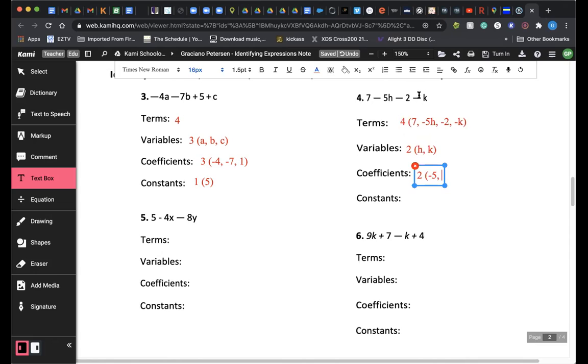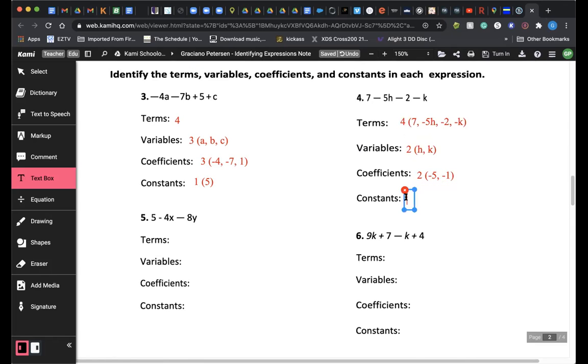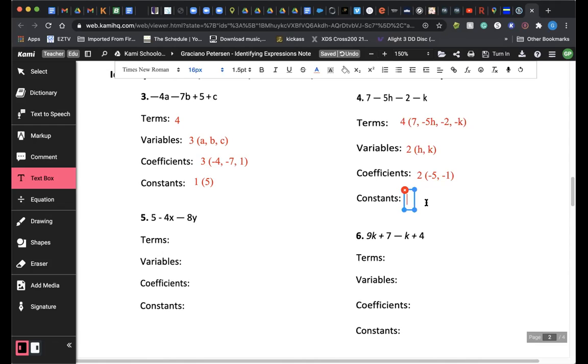What's the number right in front of K? Nope. That 2 is not part of the K term. It's separate because there's a minus sign. So it's just negative 1. Okay. And then your constants are 7 and negative 2.